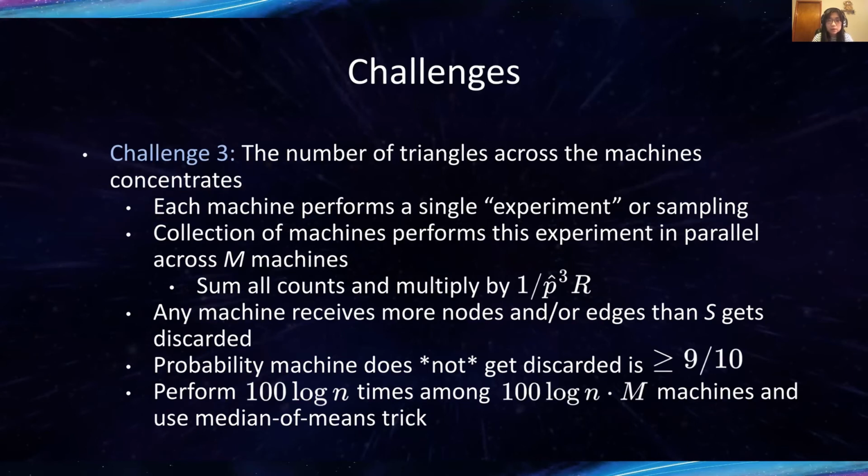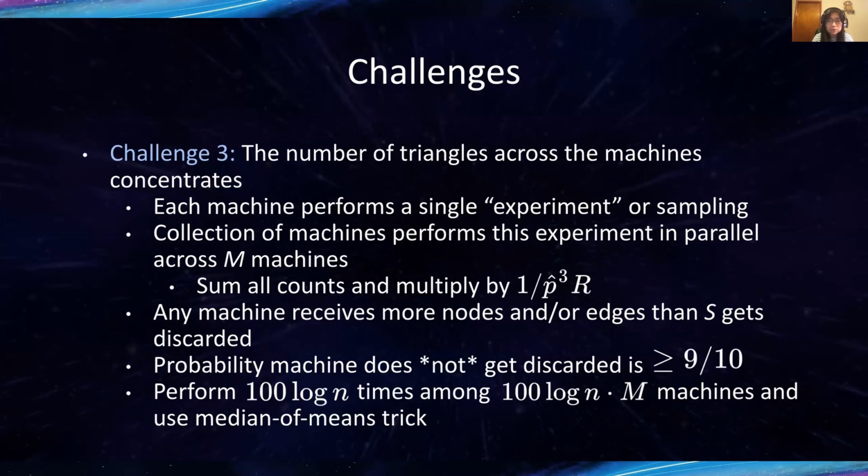For the third challenge, we must show that the number of triangles across the machines concentrates by taking into account dependencies introduced by our 6 log n wise independent hash function. According to our algorithm, each individual machine performs a single experiment, and then the collection of machines repeats this experiment in parallel across m machines.